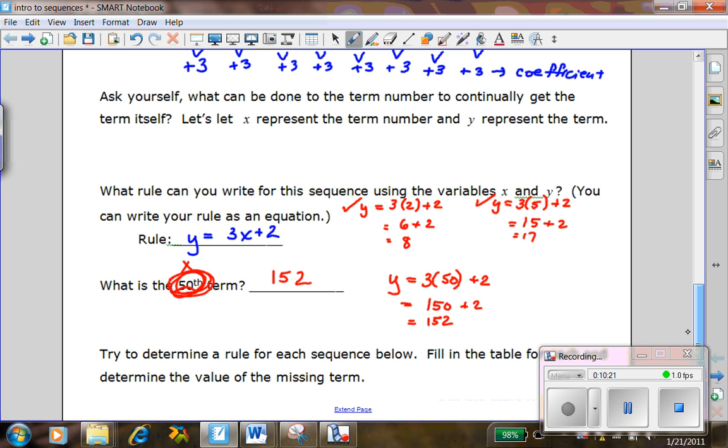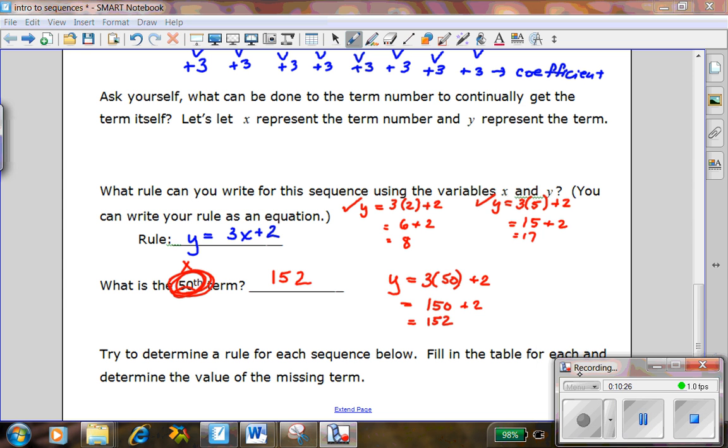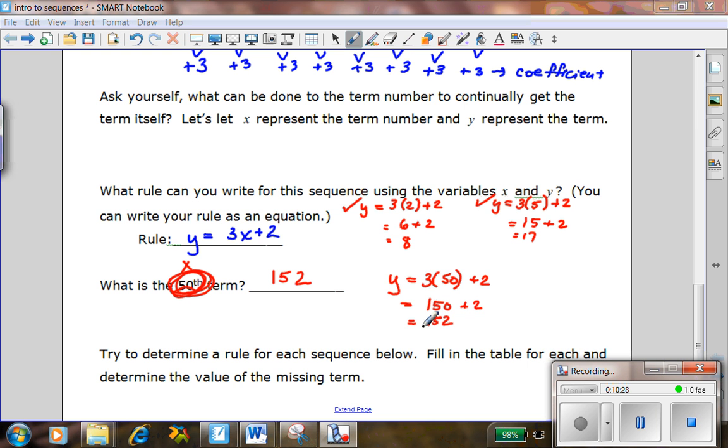You do need to fill in your table as many as are available, and then it'll ask you for a particular term. Maybe the 50th, maybe the 30th, maybe the 80th, who knows. You use your rule to come up with that missing term based on the rule rather than continuing that pattern over and over and over again.